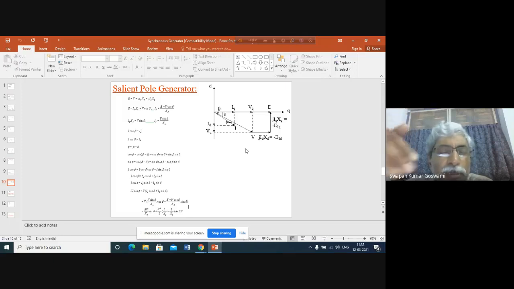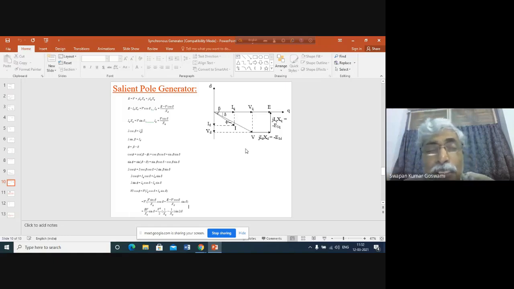If we talk in terms of the magnetic circuit, then obviously we shall be discussing reluctance. What is reluctance? It depends upon the air gap. Reluctance is l by mu 0 mu r into A. In a salient pole synchronous machine, the reluctance will not be uniform.